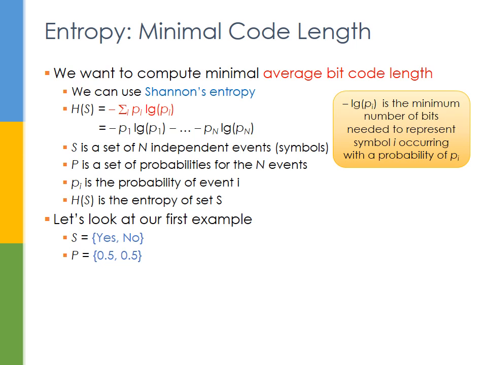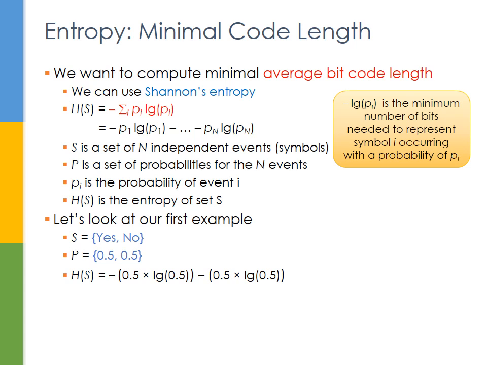Now, over the set P, we represent our probabilities as fractions, and these must all add up to 1. So in this particular case, we have the set containing the values 0.5 and 0.5, and what this means is that the symbol yes has a 50% chance of occurring, whereas the symbol no also has a 50% chance of occurring.